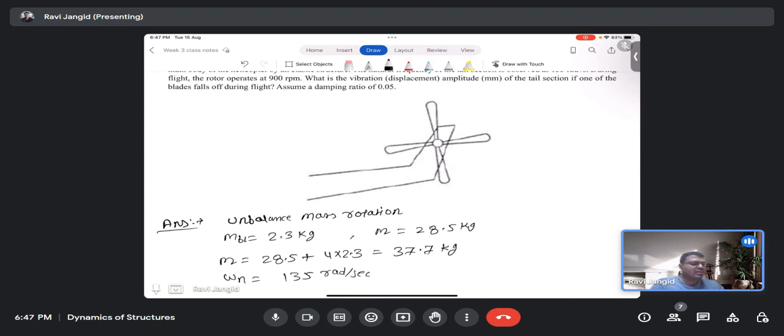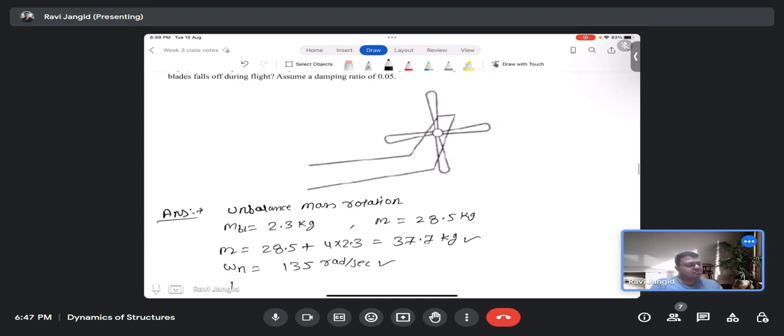So can I find out the stiffness of my system using that? The stiffness of the system is not given in the question, so we need to find it. Using the mass and omega n, find the stiffness k, which we can write as m omega n square.